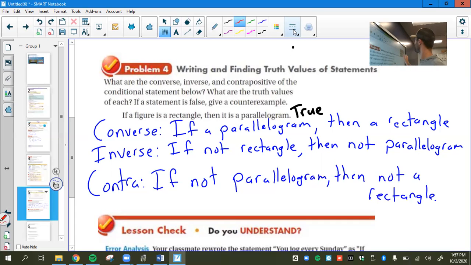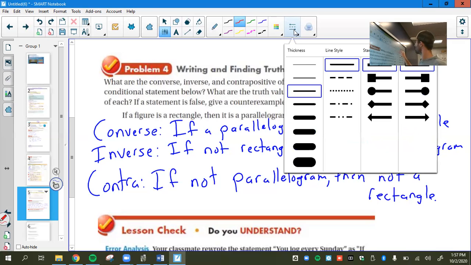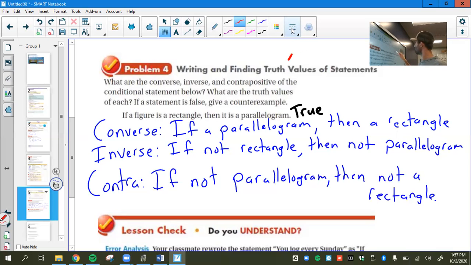Sorry about that. All right, I guess we're just writing big words. Converse: if a figure is a parallelogram, then it is a rectangle. That's false, because a counterexample could be a square.